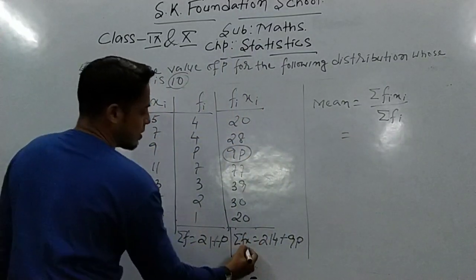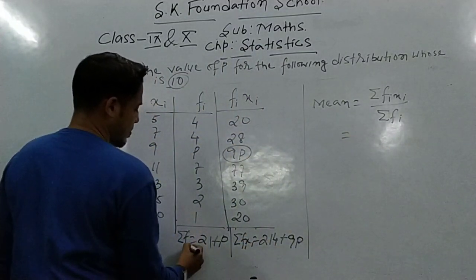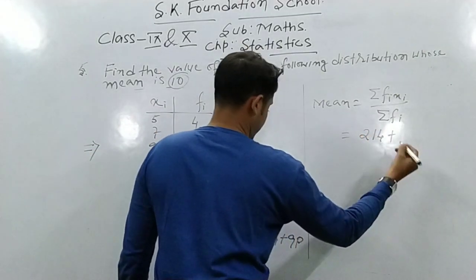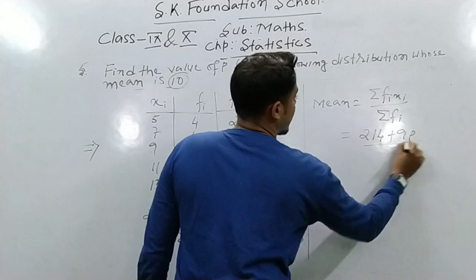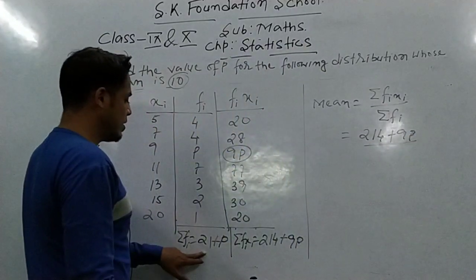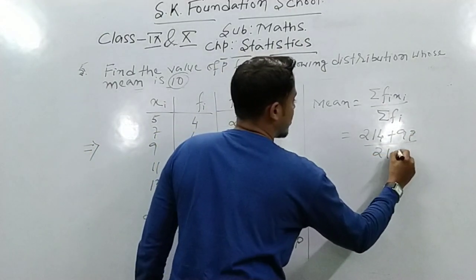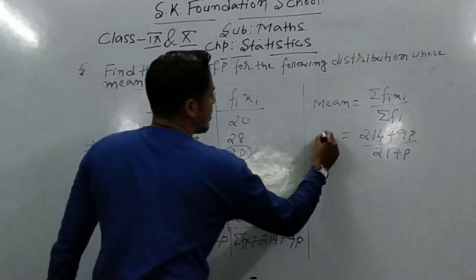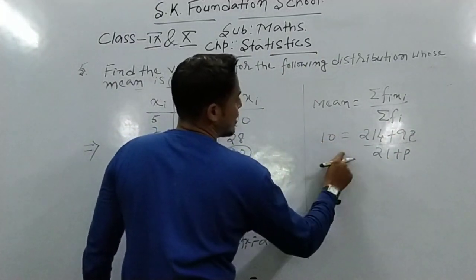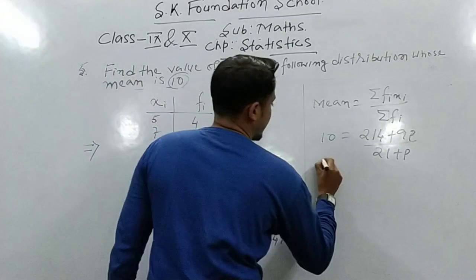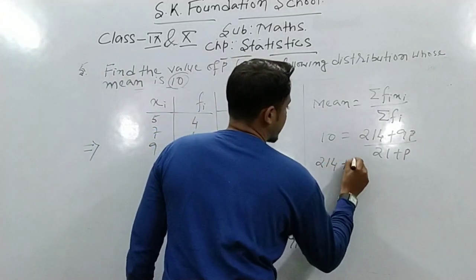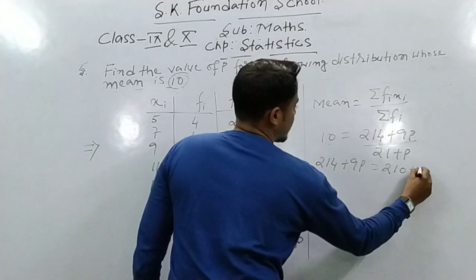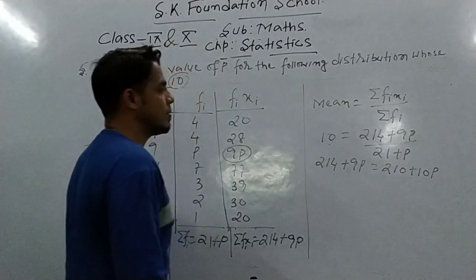Summation of fi xi is 214 plus 9p, and summation of fi is 21 plus p, right? And 10, the mean, is already given. These are cross multiplied, so 214 plus 9p equals 210 plus 10p.